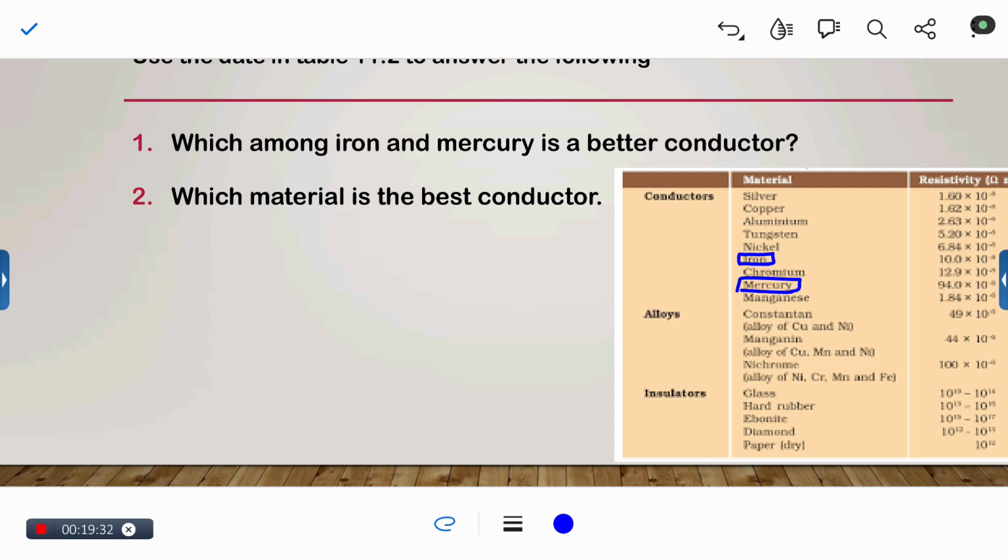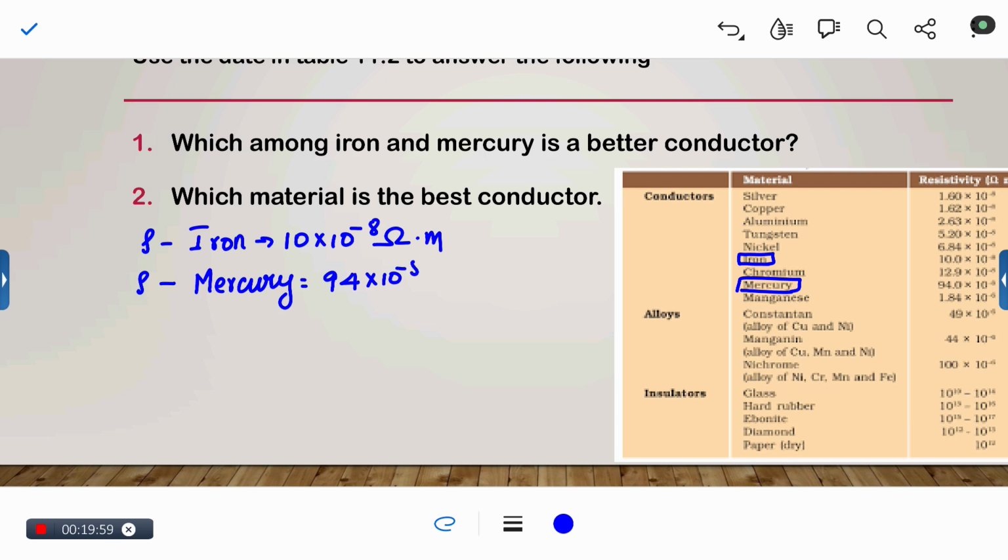The resistivity of iron is given as 10 into 10 to the power of minus 8 ohm meter. This is for iron. And the resistivity of mercury is given as 94 into 10 to the power of minus 8 ohm meter.